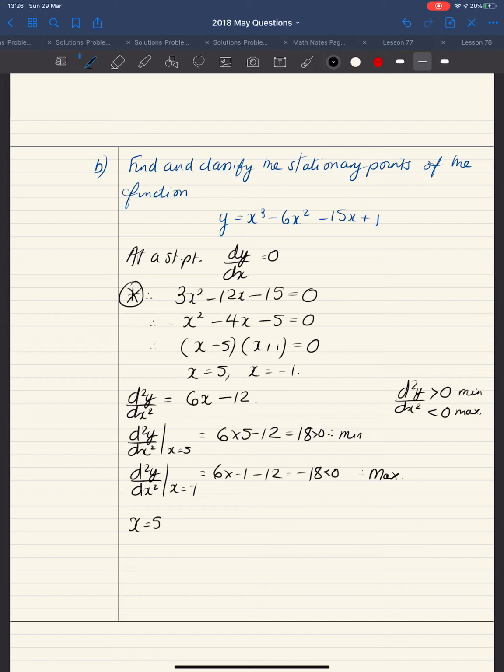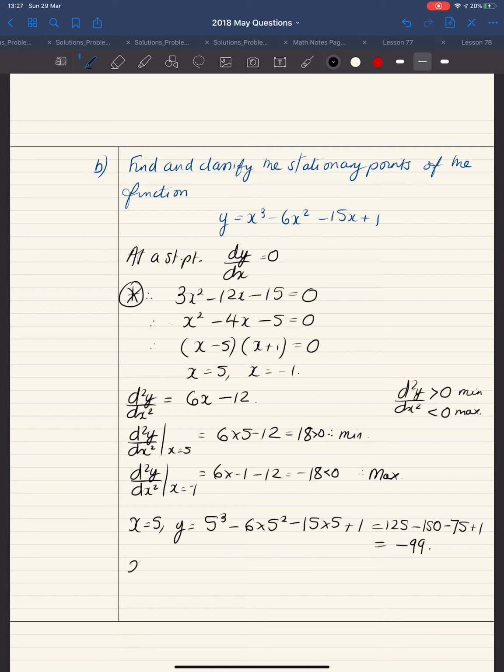So we can say x is 5, y is 5 cubed, minus 6 times 5 squared, minus 15 times 5, plus 1. That's 125, minus 150, minus 75, plus 1. So that's 125 minus 225, so it's minus 100, plus 1 is minus 99.